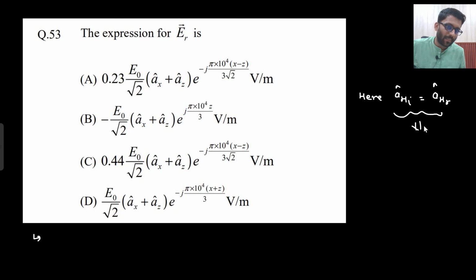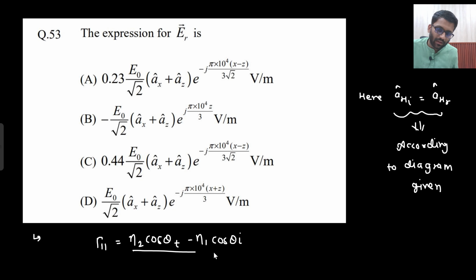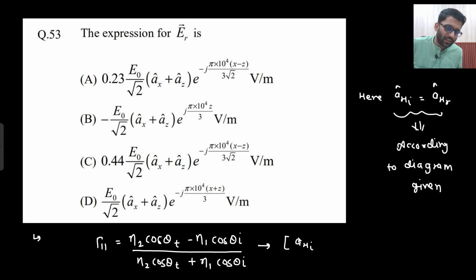But the formula that we have derived, which was gamma parallel equals eta 2 cos theta t minus eta 1 cos theta i divided by eta 2 cos theta t plus eta 1 cos theta i, corresponded to the condition that AHI should be equal to minus AHR. This was the assumption made for deriving this formula.